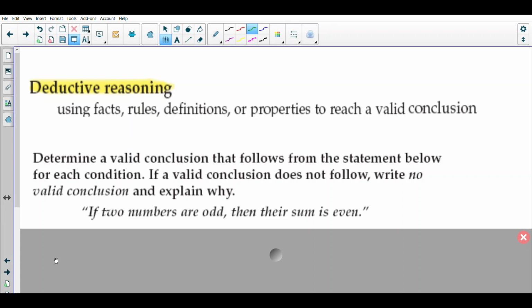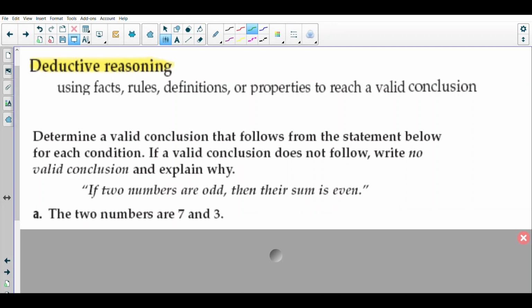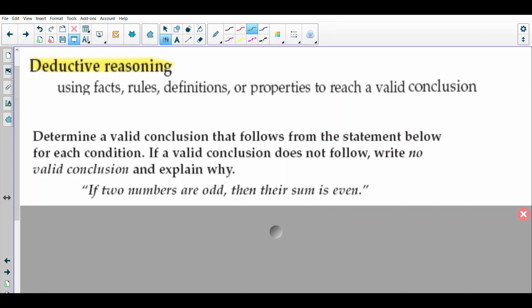Now, if we're given a statement, we're going to determine whether we can form a valid conclusion. If not, then we'll just say no and explain why. If two numbers are odd, then their sum is even. This is a rule, a statement of fact.